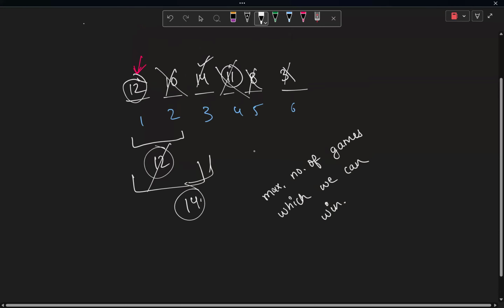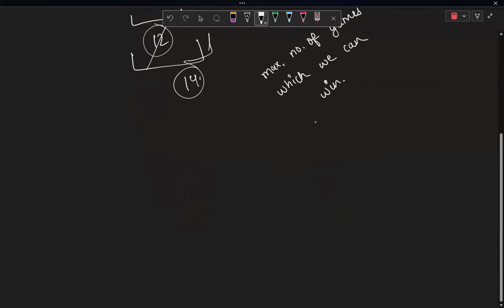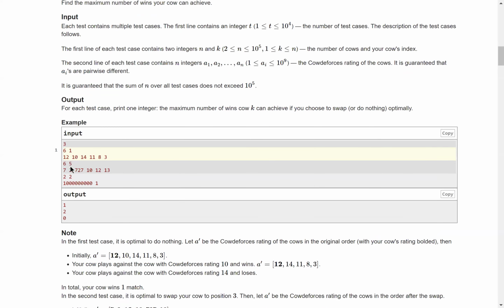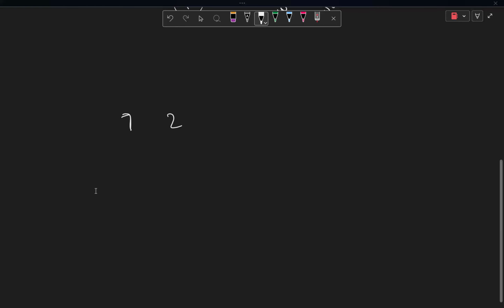Okay, so is the problem clear? Okay, very well. Let me take one example here. Let's take this example: 7 2 7 2 7 2, 10, 12, 13.